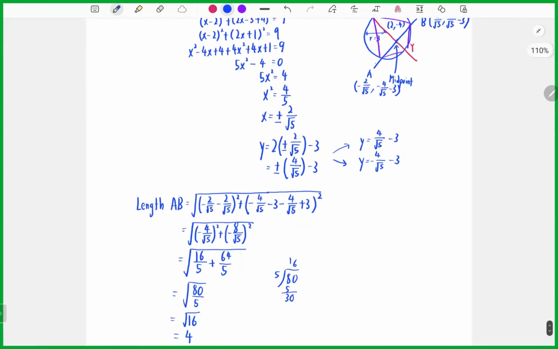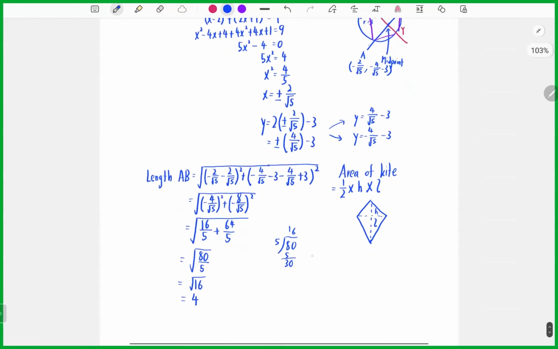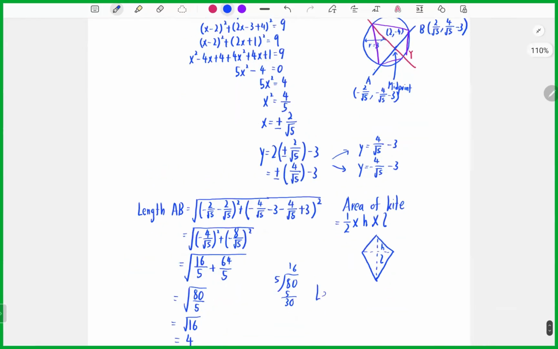Now we need to find the length of XY, because we know the area of a kite equals 1 over 2 multiplied by the diagonals, the length times the height. For this shape, this is your L, this is H. So the length of XY is 6 units. Why is it 6?